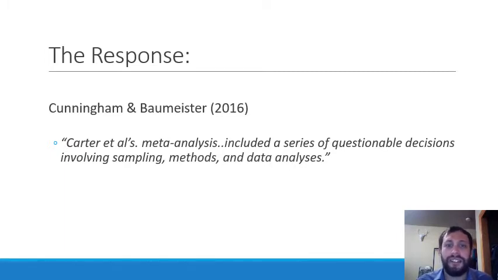So just to let you know, they were not very fond of it. And additionally, another thing that Cunningham and Baumeister said in 2016 in response to this article is that they didn't appropriately operationalize this construct overall. So they're saying that the meta-analytic reviews did a terrible job overall.